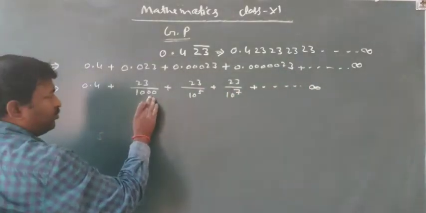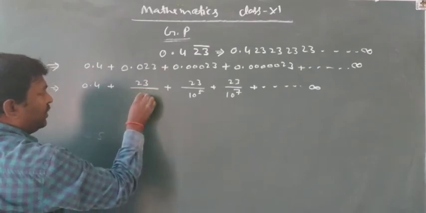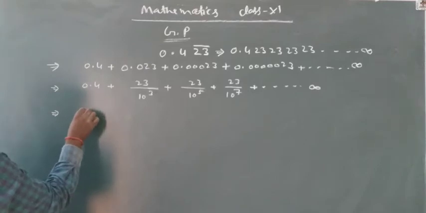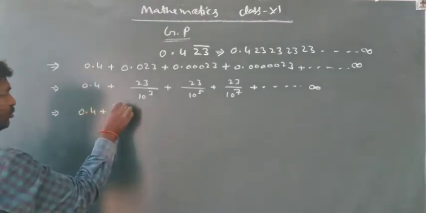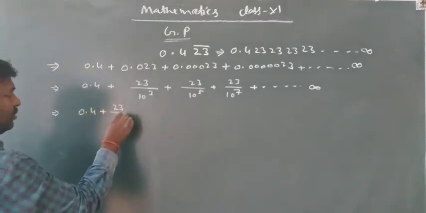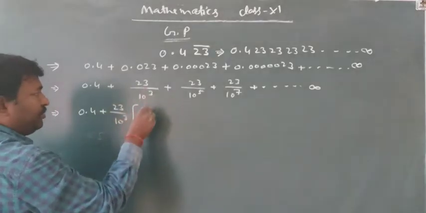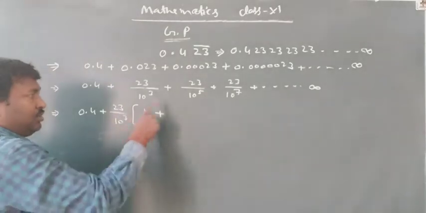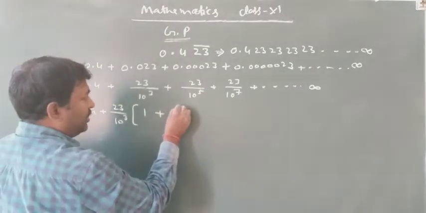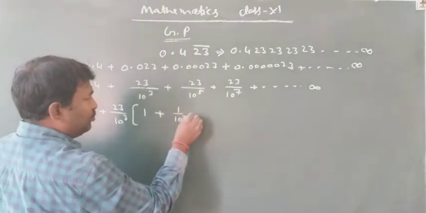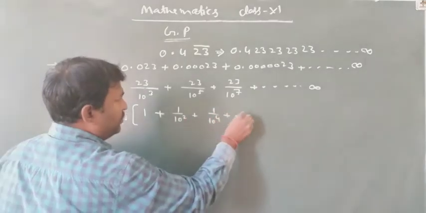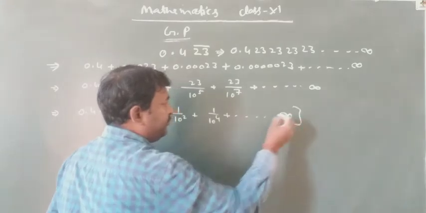This 1000 you can write as 10 to the power 3. So you can write this as 0.4 plus 23 upon 10 to the power 3 times (1 plus 1 upon 10 to the power 2 plus 1 upon 10 to the power 4 plus and so on up to infinity).